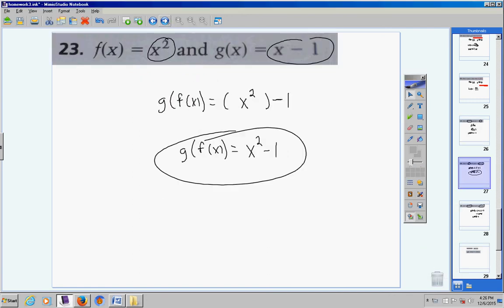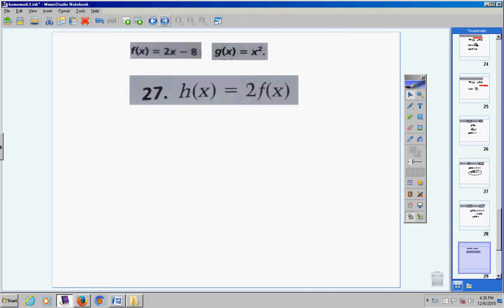Alright guys, let's take a look at number 27. Here we go. Now, the directions for 27 say to write an equation for h of x. h of x equals 2 times f of x, okay? So, h of x equals 2 times f.